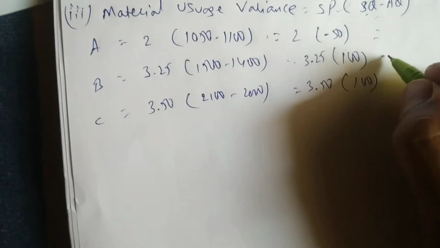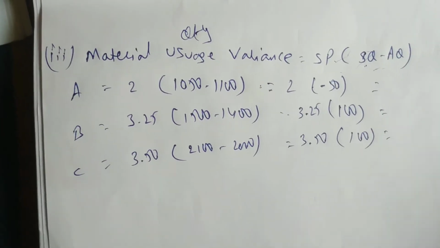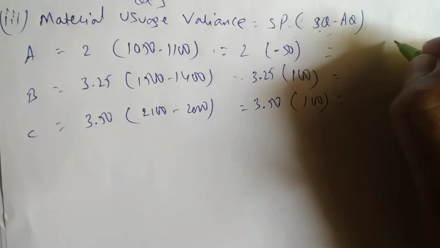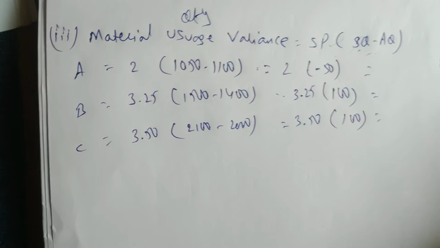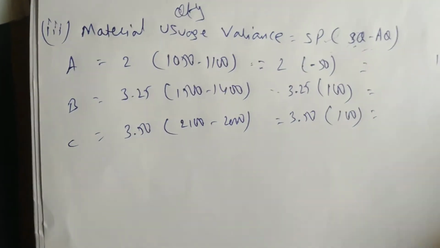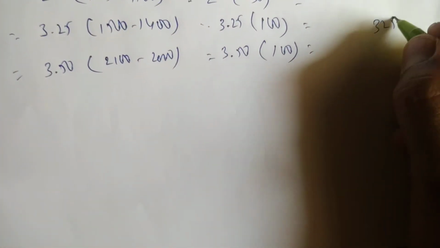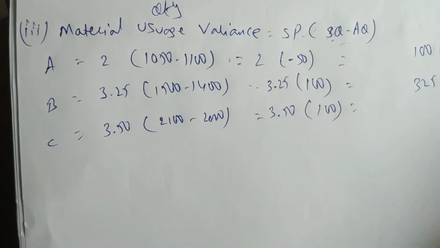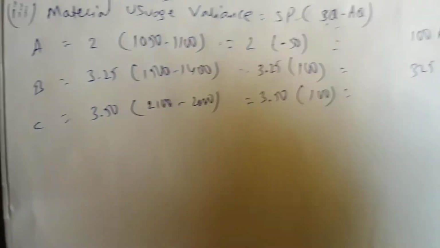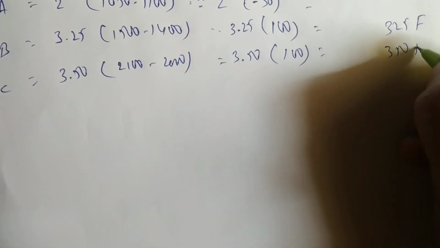Okay, so let us multiply. 2 into 50 is 100, this is adverse. 3.25 into 100, we get 325 as favorable, because the answer is positive. Positive means favorable. 3.50 into 100, we are getting 350. This is also favorable.